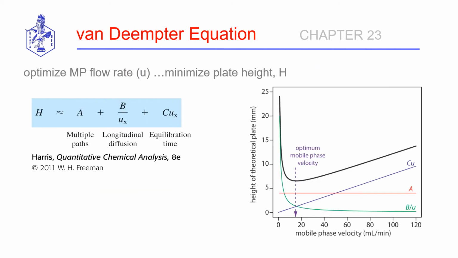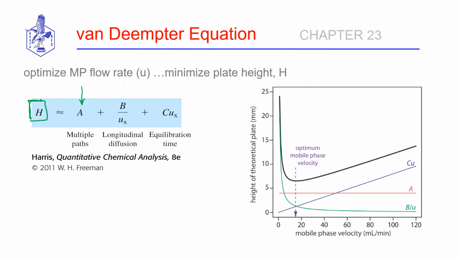So taken together, the three contributing factors to the band broadening collectively make up the Van Deemter equation, which shows us that the plate height, which is the chromatographic parameter that is a measure of the band broadening, has three contributing elements. Eddy diffusion, that comes from multiple flow paths.